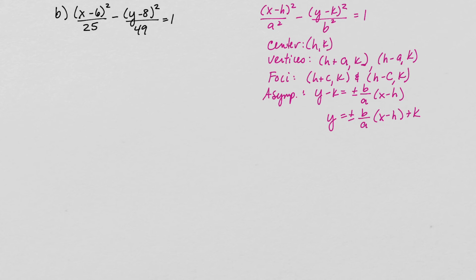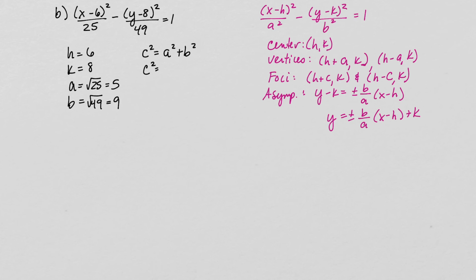So if we identify stuff from our problem, h is equal to 6, k is equal to 8, a is again the square root under the first piece, so the square root of 25, which is 5. b is going to be the square root of 49, which is 7. c squared is going to be a squared plus b squared, so 5 squared plus 7 squared.